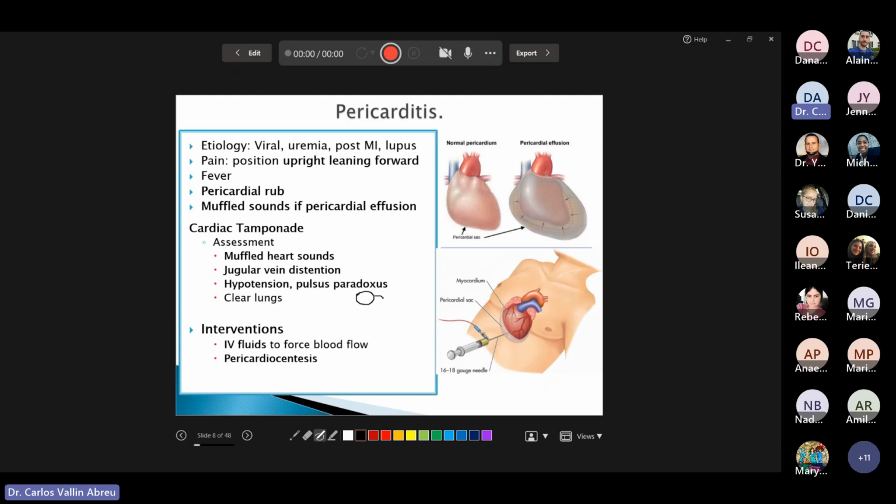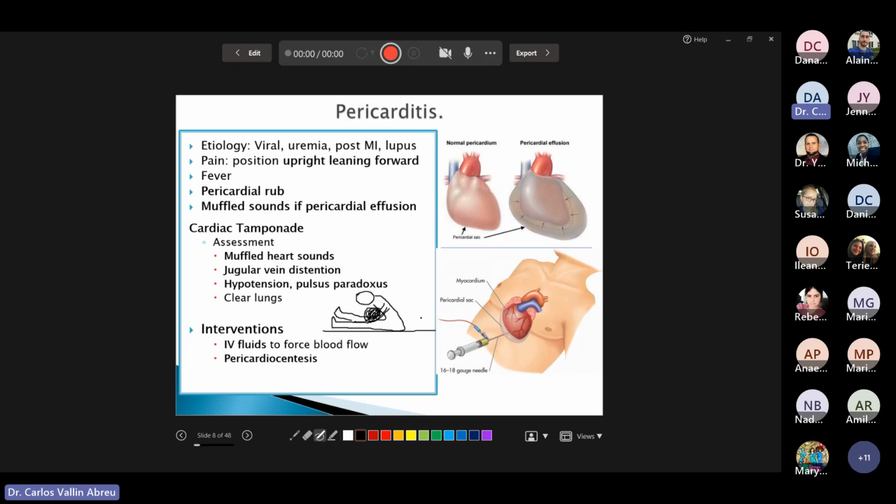So you are going to see the client on bed, okay? This is the bed. And you see the patient with a pillow here, on bed, and always leaning forward.